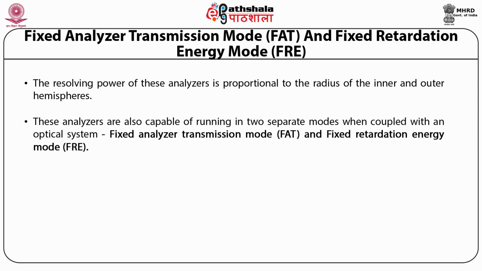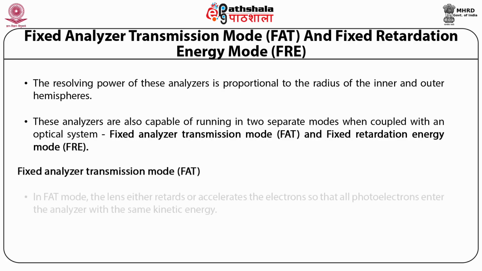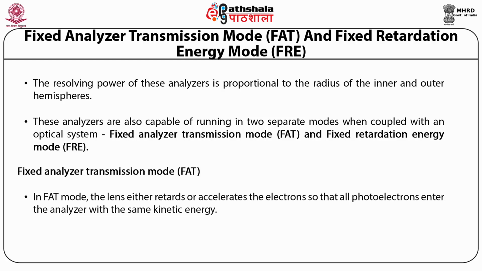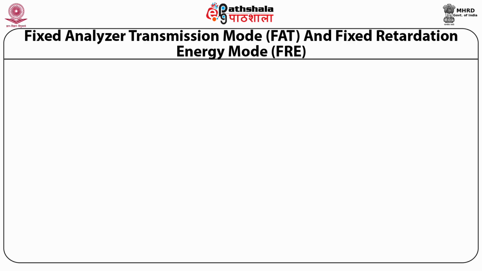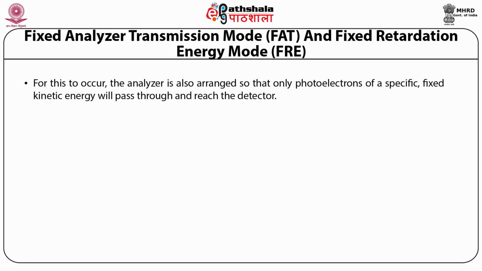First is the fixed analyzer transmission mode. In FAT mode, the lens either retards or accelerates the electrons so that all photoelectrons enter the analyzer with the same kinetic energy. The analyzer is also arranged so that only photoelectrons of a specific fixed kinetic energy will pass through and reach the detector.